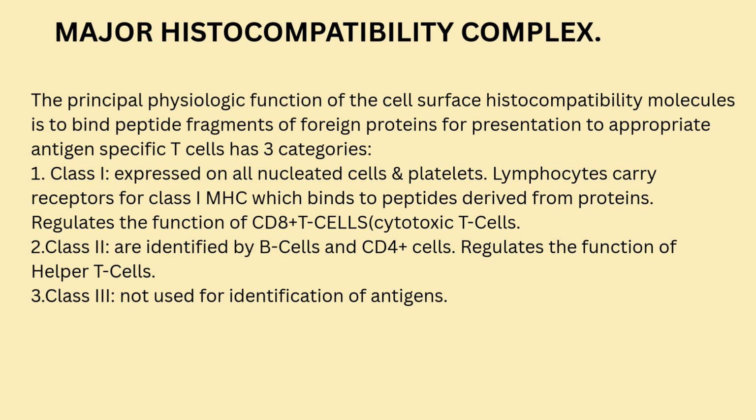Lymphocytes carry receptors for class 1 MHC, which binds to peptides derived from proteins and regulates the function of CD8 plus T cells, also known as cytotoxic cells, which basically kill tumor cells or any virus infected cells. Class 2 are identified on B cells and CD4 plus cells, which regulate the function of helper T cells, and class 3 are not used for identification of any antigens.